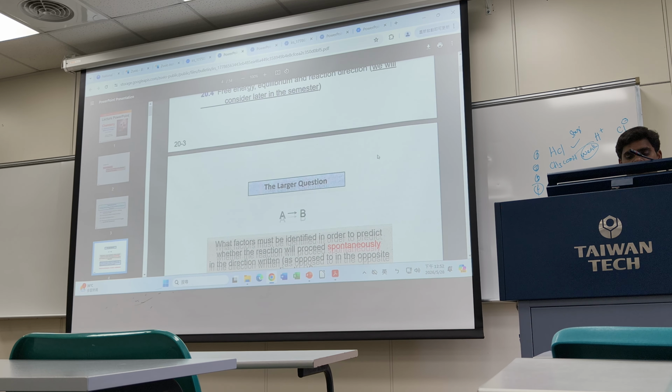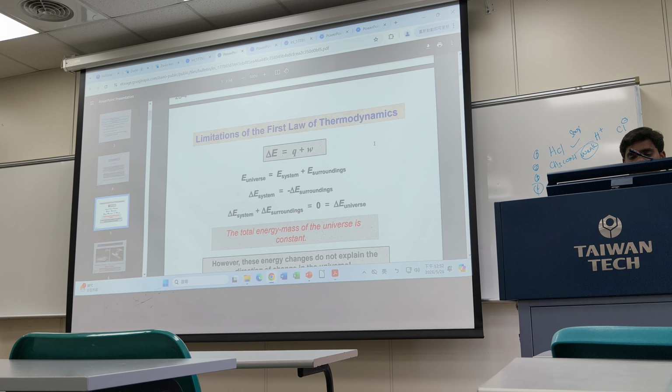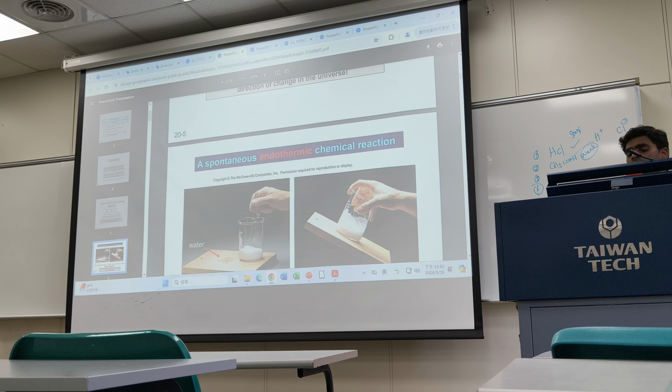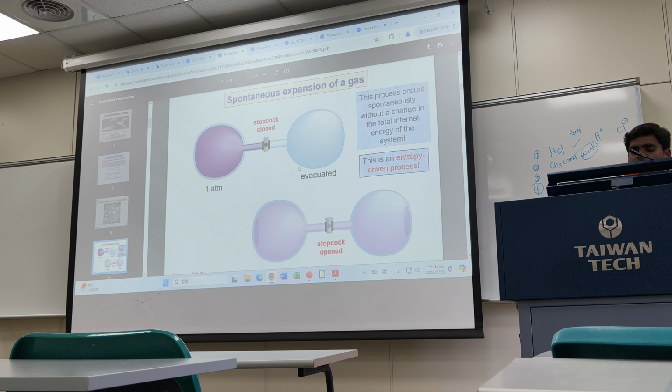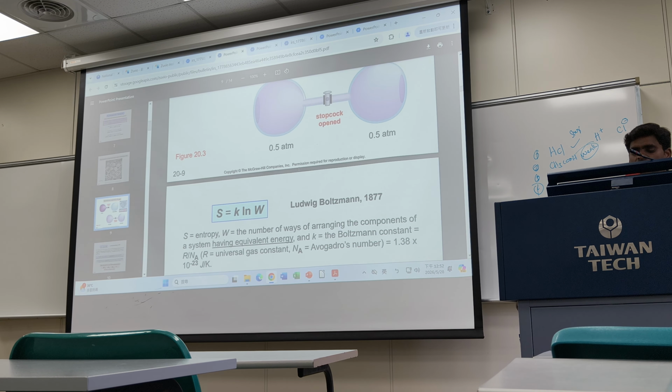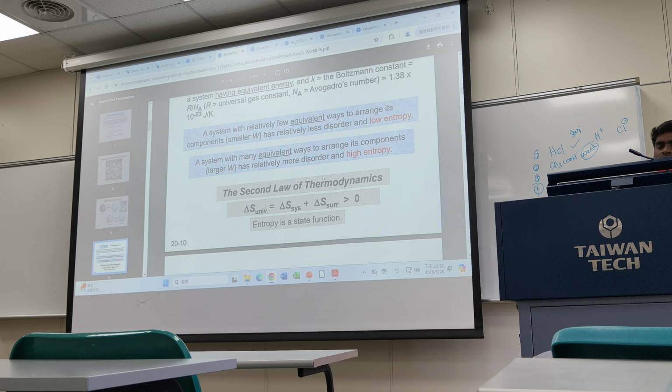I would say about thermodynamics. This one, the limitation of the first law. And what is entropy? Entropy means the second law of thermodynamics.